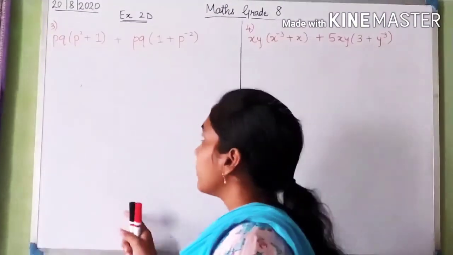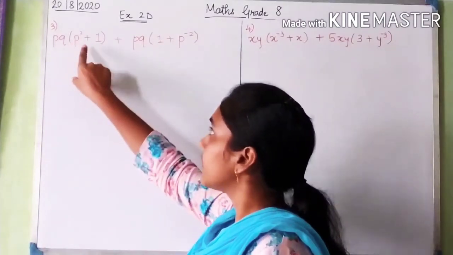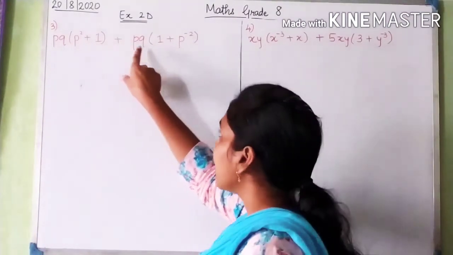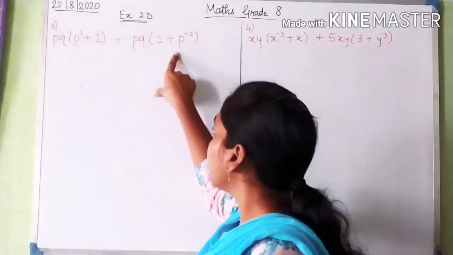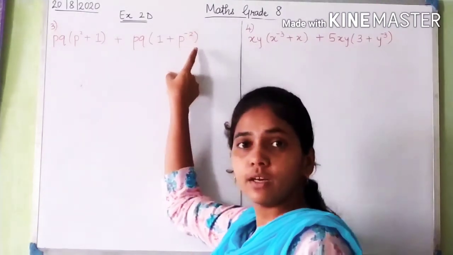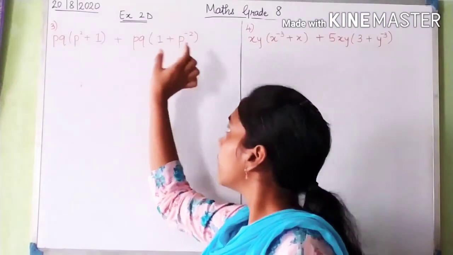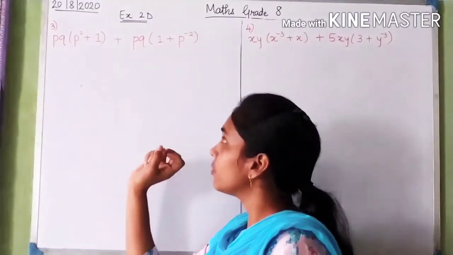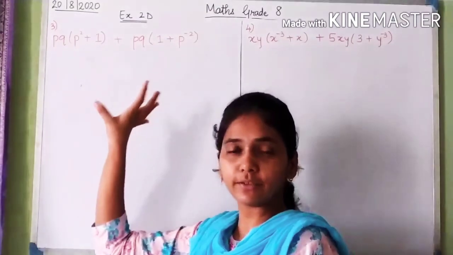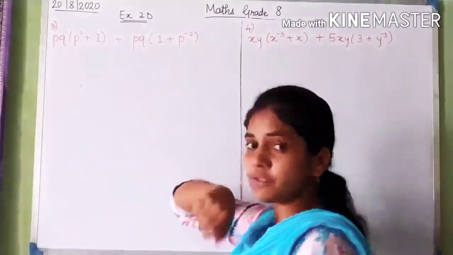Okay. Now the third question is pq multiplied by p square plus 1, plus pq multiplied by 1 plus p raised to minus 2. Now here this p is raised to the power minus 2. So there's no need to think that this would be a little difficult because it has a negative sign here.